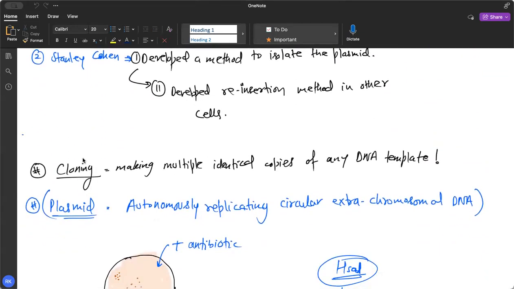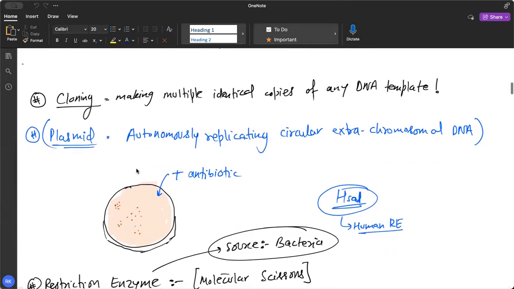And then cloning, DNA cloning. Making identical copies of any DNA template is called DNA cloning. And how plasmid helps us in that is because it is autonomously replicating. The benefit is that it does not need to rely on the genetic material of the organism, the genetic material of the bacteria, which is the nuclear DNA.